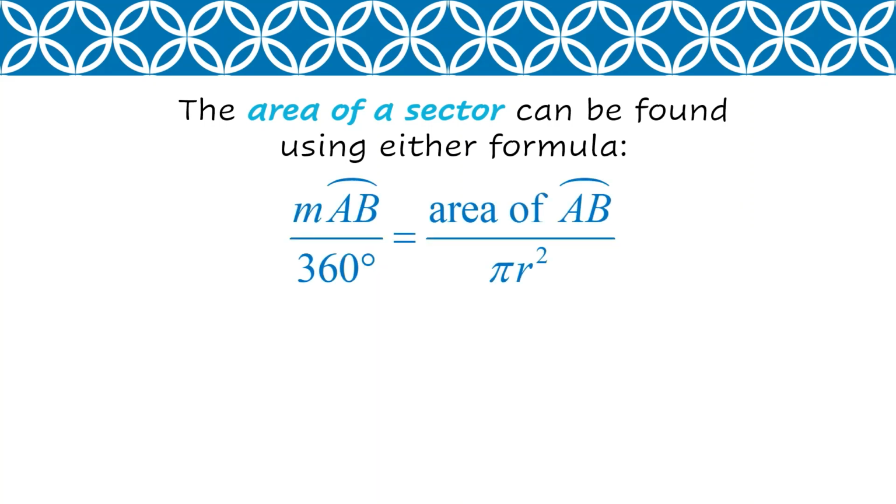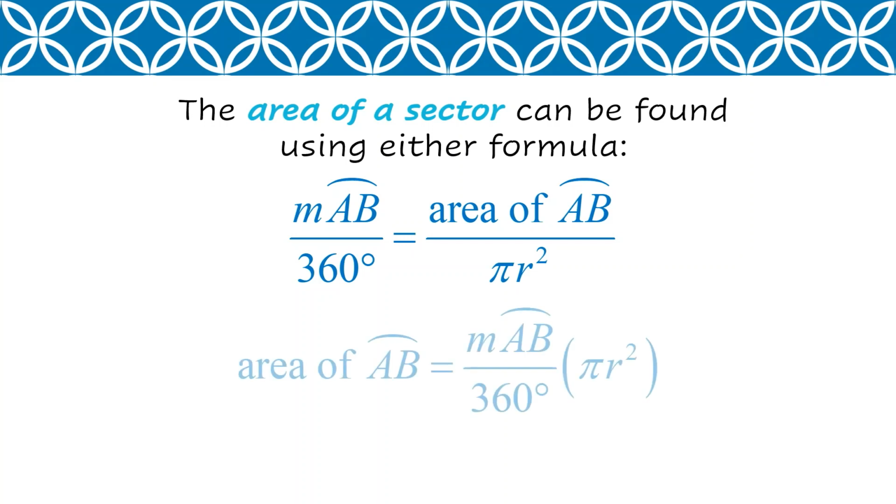The ratio of the arc measure to the whole circle is equal to the ratio of the sector area to the area of the entire circle. So we can use a proportion, or we can use a rearranged version of the proportion that solves for the area of the sector directly by finding a fraction of the area of the circle.